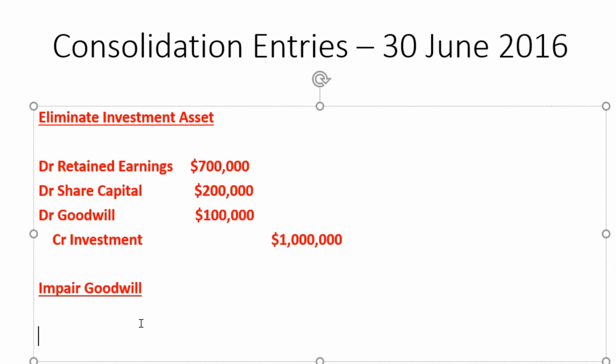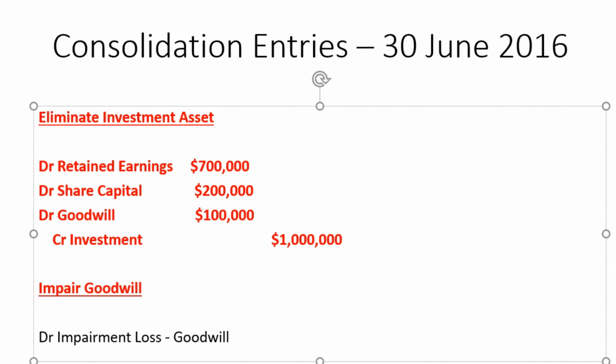So once we've eliminated the investment asset, we need to impair the goodwill because we were told in the question that goodwill needs to be impaired. It said $30,000 of impairment needs to be recorded for 2016. So that's what we're focusing on now. We'll debit the impairment loss for goodwill.